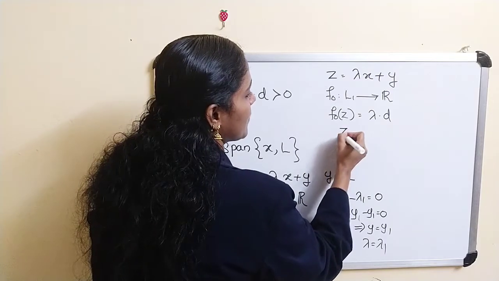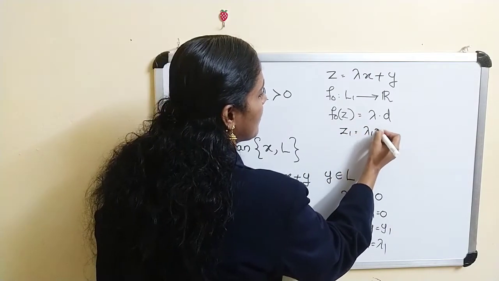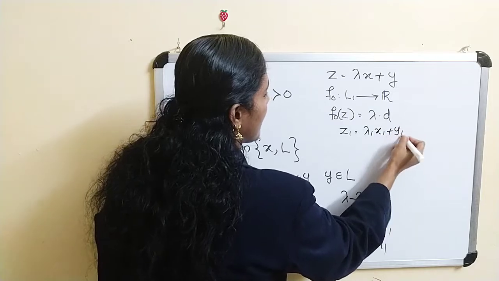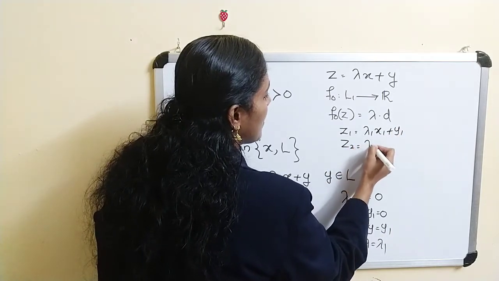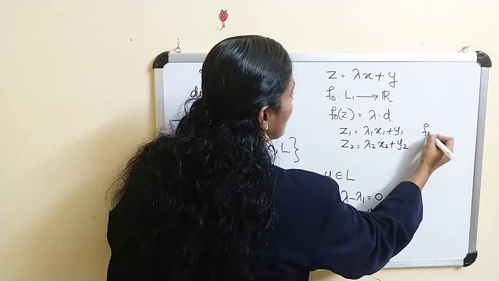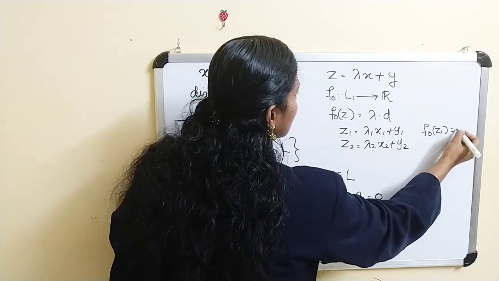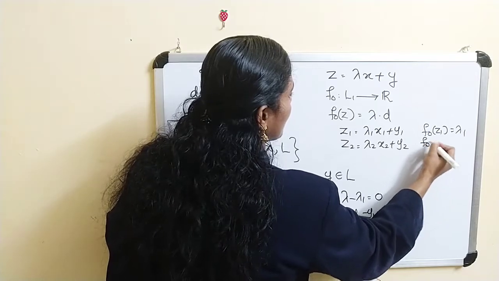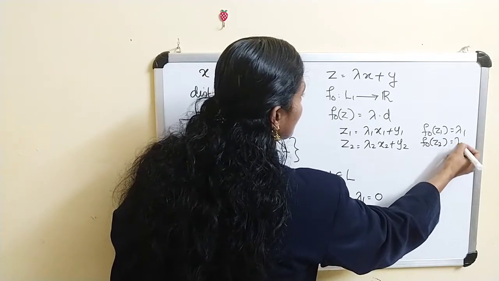Suppose you take some z1 equal to lambda 1 x plus y1 and z2 equal to lambda 2 x plus y2. Then f0 of z1 is clearly equal to lambda 1, and f0 of z2 is equal to lambda 2.